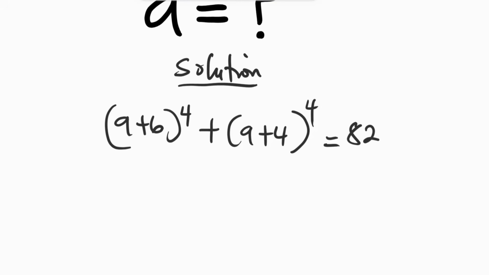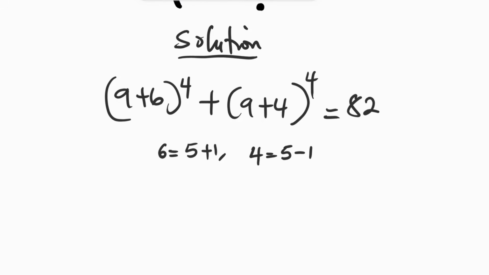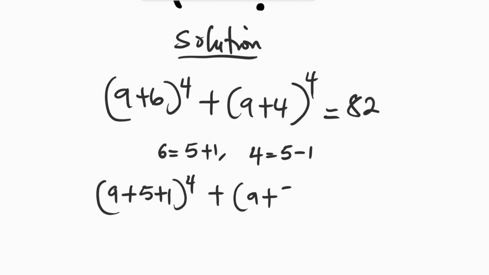Now 6 we can rewrite as 5 + 1, and 4 we can rewrite as 5 - 1. So now we have (a + 5 + 1)^4 + (a + 5 - 1)^4 = 82.